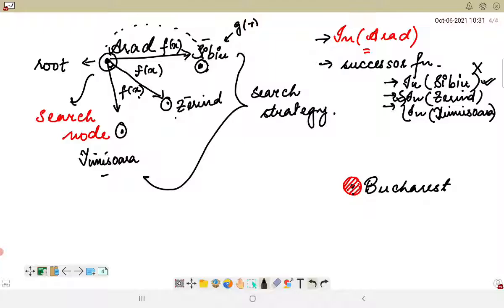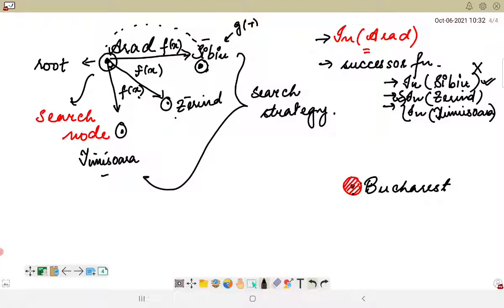Now it is very, very important to distinguish between the state space and the search tree. For a route finding problem, if we consider this problem itself, let us consider that there are 20 points in this entire map. That means from Arad to Bucharest, there are 20 different cities through which the tourist can travel.